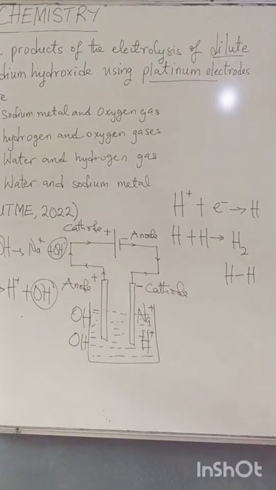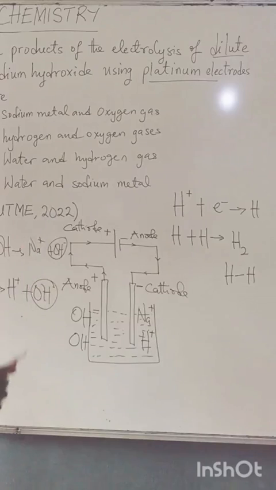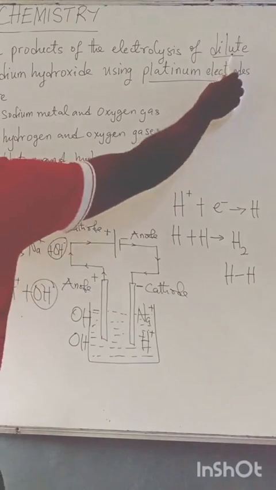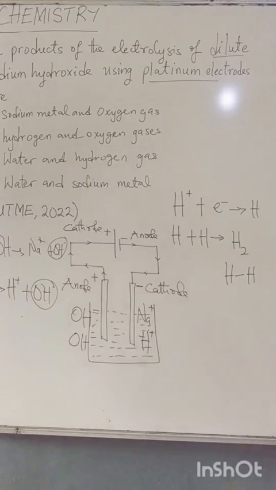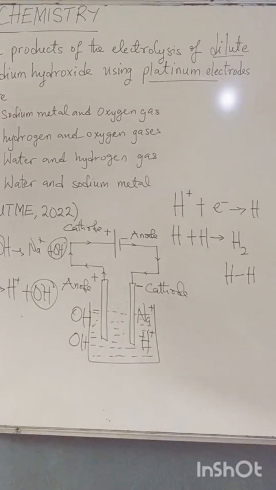So let's come here and check. Hydrogen will become discharged. Sodium will never be discharged from a dilute solution of sodium hydroxide. I'm going to say it again. Sodium will never be discharged from a dilute solution of sodium hydroxide. Do you know why? Sodium is very, very highly electropositive than hydrogen.